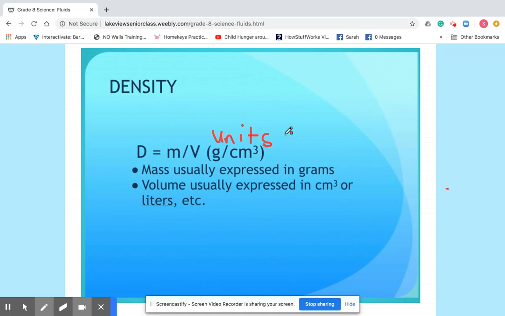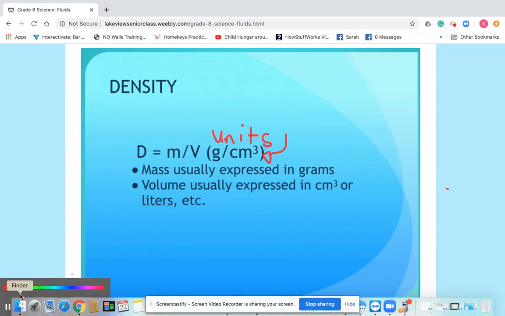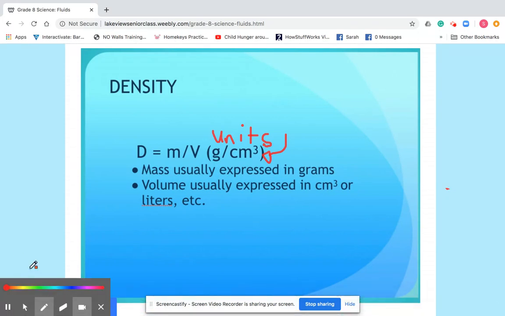Or if it's in milliliters, we can express that volume in milliliters. So it could be grams over milliliters as well. So just take a minute to write down that the units are going to be in grams over centimeters cubed, or it can be in grams over milliliters. Okay, so make sure you write those 2 down.